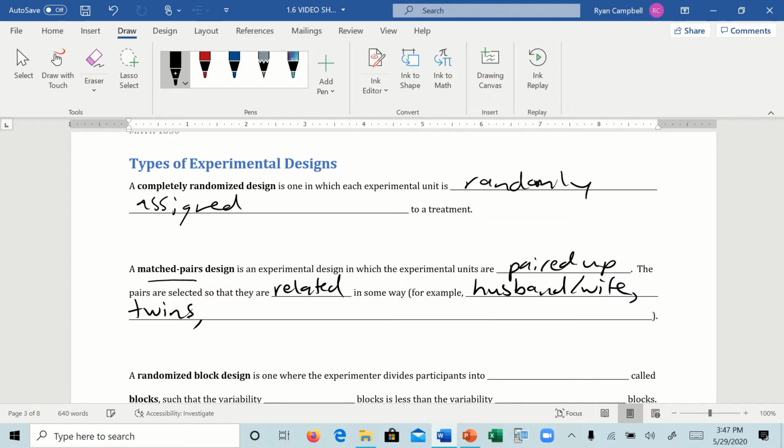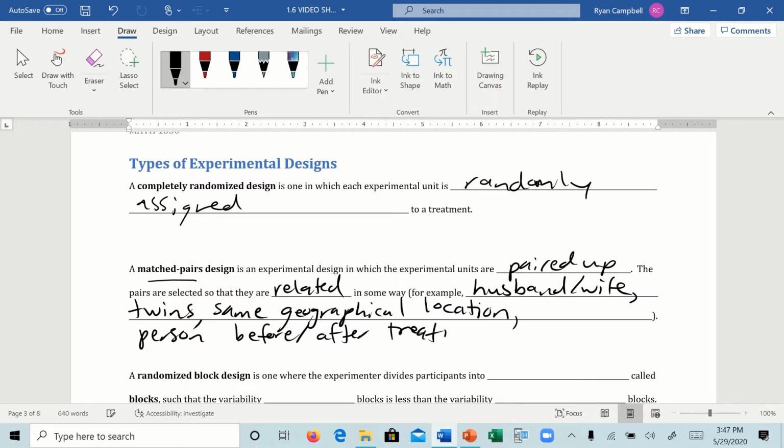It could be people who live in the same geographical location, so you pick two people from each location. It could also be the same person before and after a treatment. We could be comparing one person's body before treatment and after the treatment, and that would technically be a matched pair.